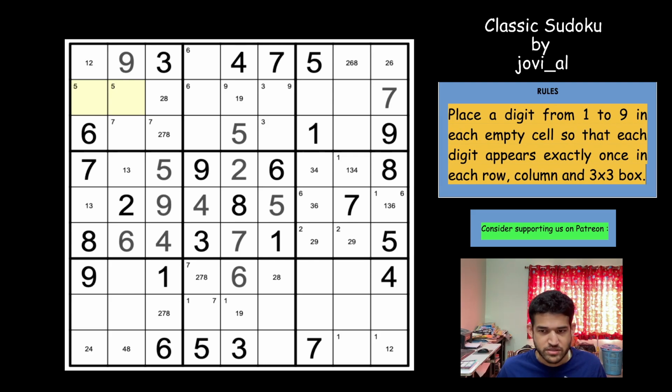Right, let me look at this area now. If this cell here is a 2, this is 6, this is 4. These are the things that we instantly get without thinking.